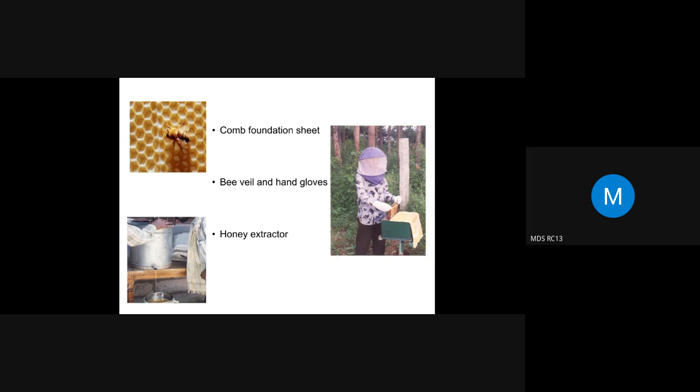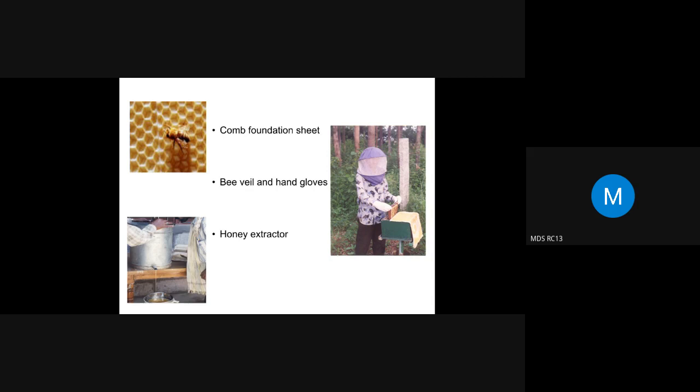On the left, you are seeing the comb foundation sheet. You have seen the bee comb in yesterday's PPT, where the different activities are taken up, like rearing of their young ones, egg, larva, pupa are found, and also pollen grains and honey are stored. These combs are built upon a structure called the comb foundation sheet.